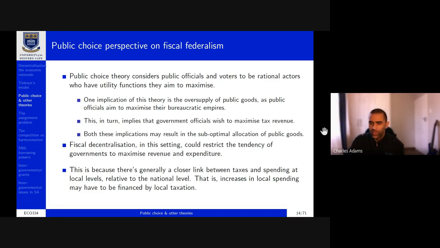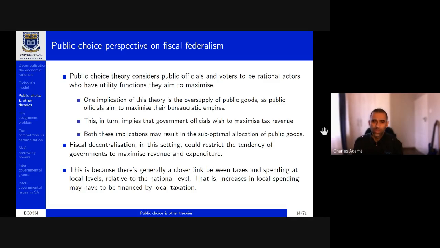And this is where earlier I mentioned that chart that showed South Africa lying relatively high on the vertical axis, which showed subnational government expenditure as a proportion of total government expenditure. This is where this critique might apply to South Africa, because the taxes that are being spent at the subnational government level are not being generated at the subnational level, right?